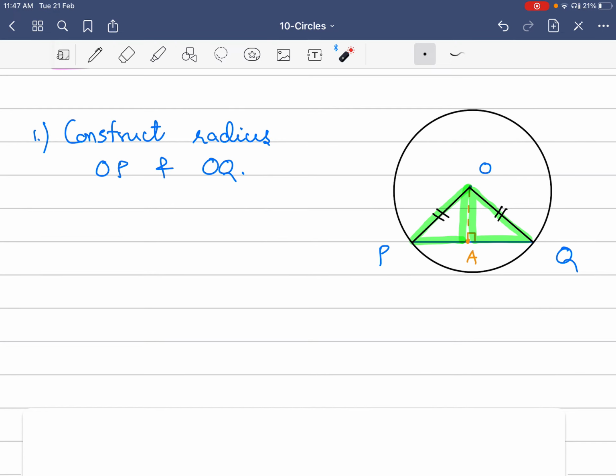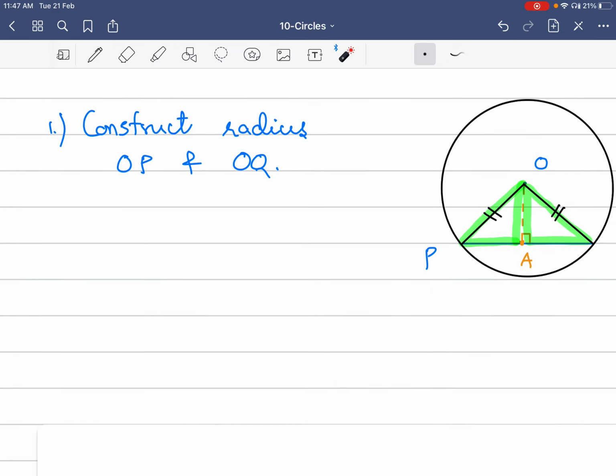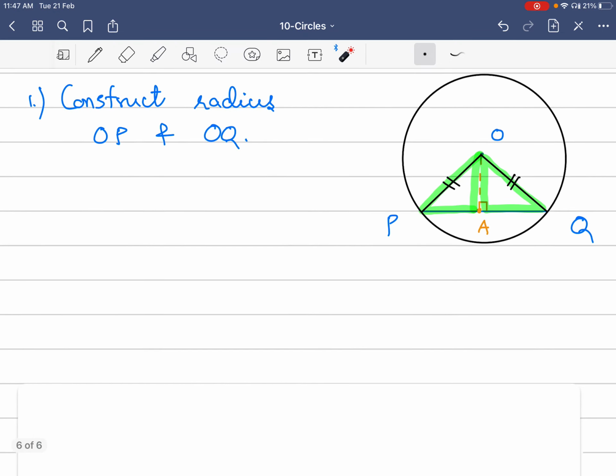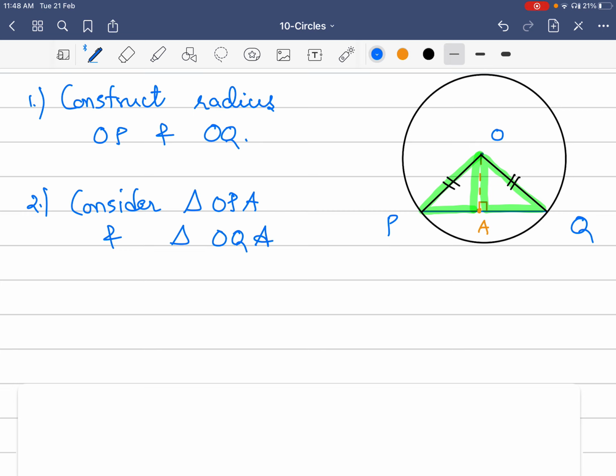So that is how this theorem is going to proceed. Let's start noting down the points. So first thing we have done is we have constructed the radii OP and OQ. Now, point number 2, let's use the same color. Consider triangle OPA and triangle OQA, the highlighted green triangles.